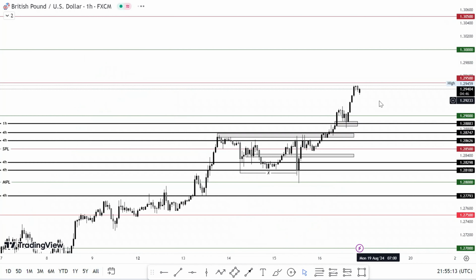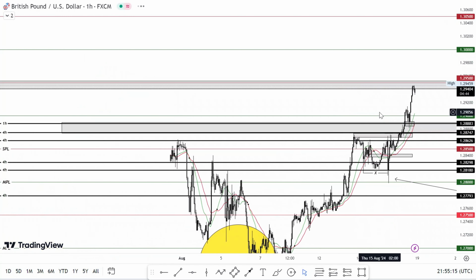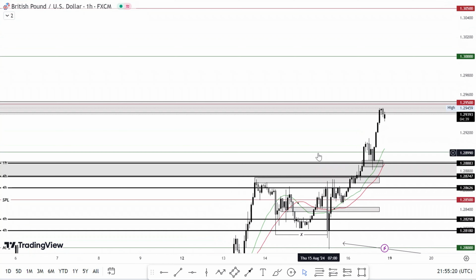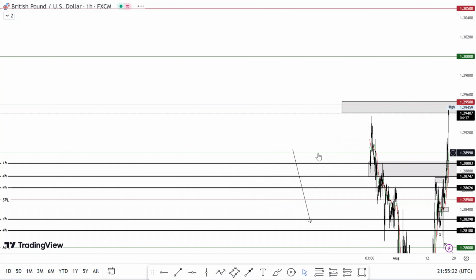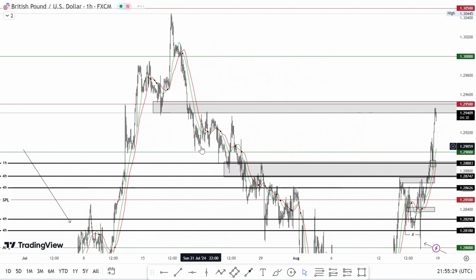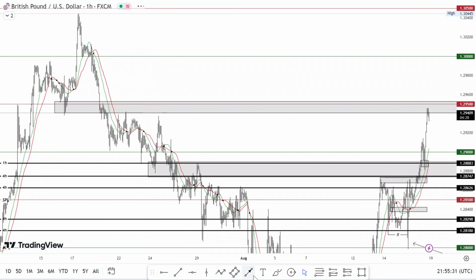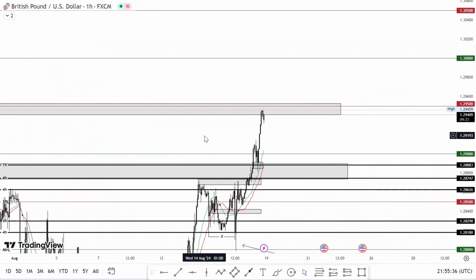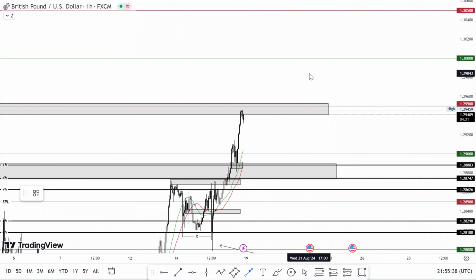Now on the 1 hour time frame, we already see that the market is rejecting this resistance level here, and also above the resistance level, this red horizontal line in the chart is the sub psychology level.